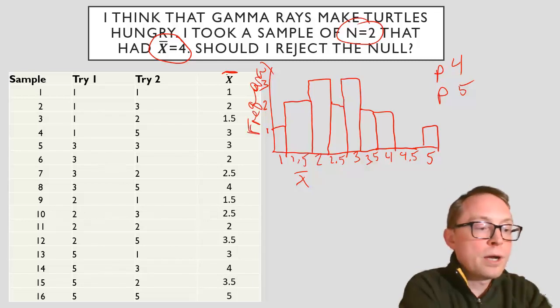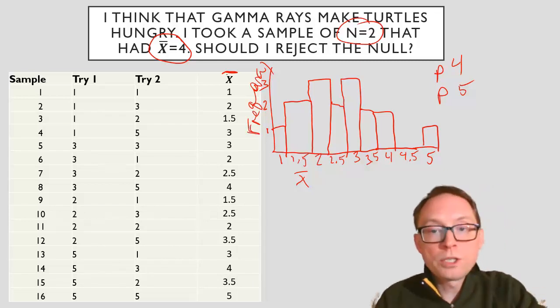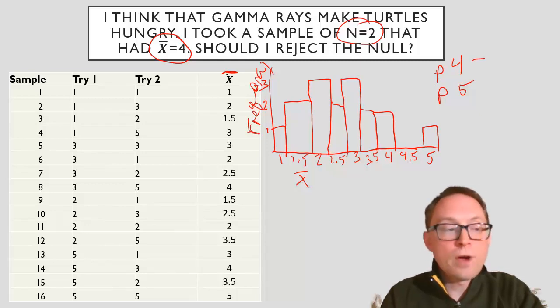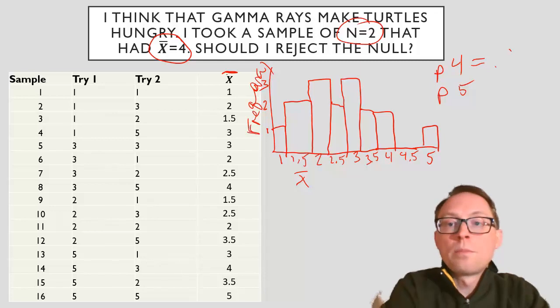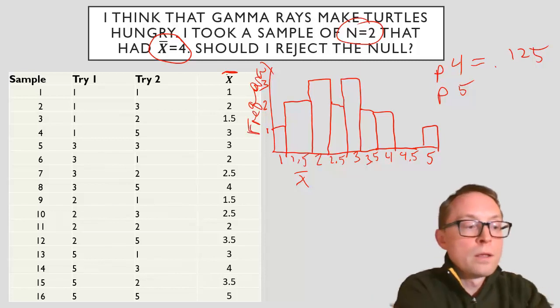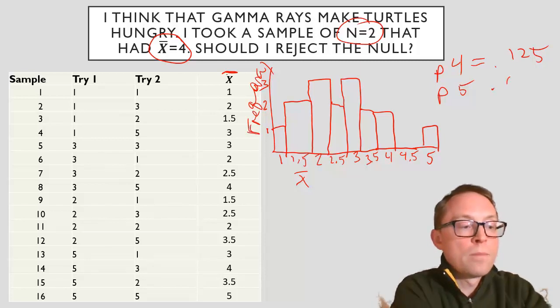That's 0.125, plus the probability of getting a 5. So 0.125 was the probability of getting 4. The probability of getting a mean of 5 is 0.0625.